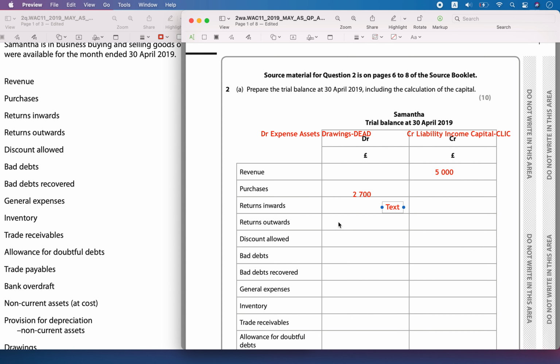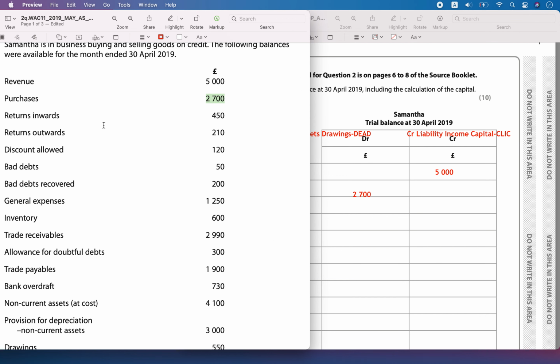Then return inwards. Return inwards is nothing but the sales return. Sales return is called return inwards, and return outwards is purchases return. We can see return inwards of 450, that is sales return.